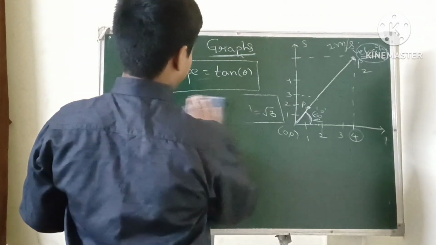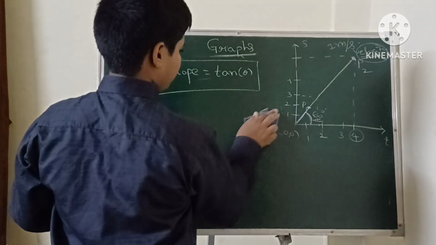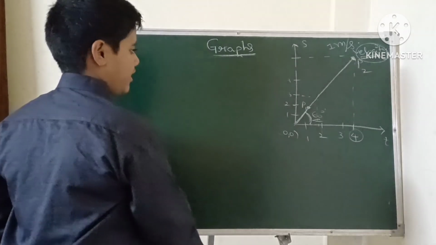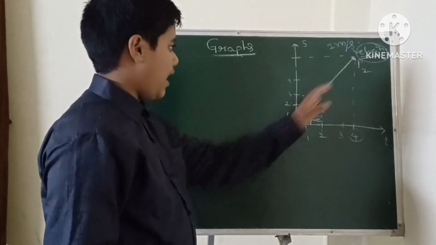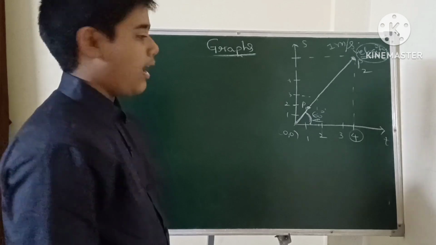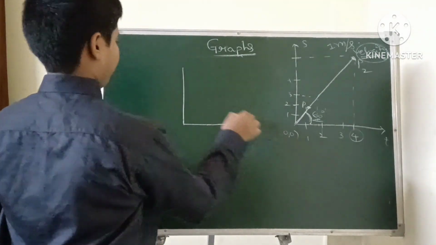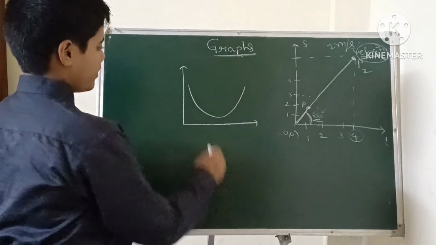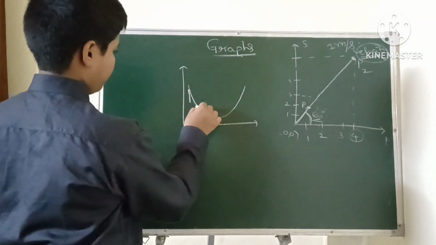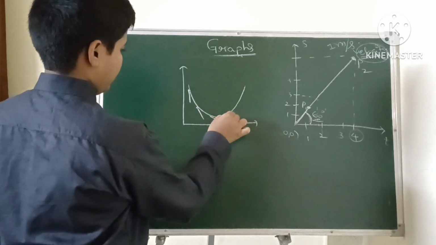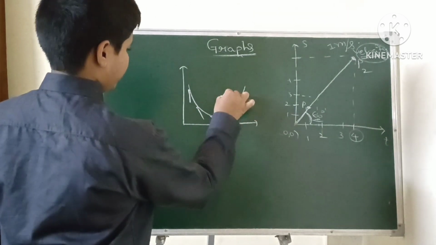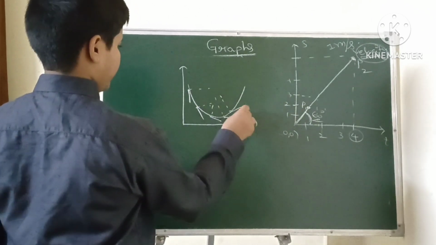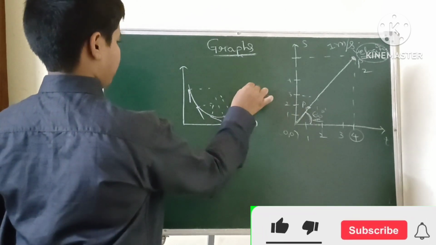And if we see another one, here I said that the slope of the graph is constant at every point, and if I take a graph like this, here the slope varies from point to point. See, like this we have to draw the tangents, which are perpendicular.